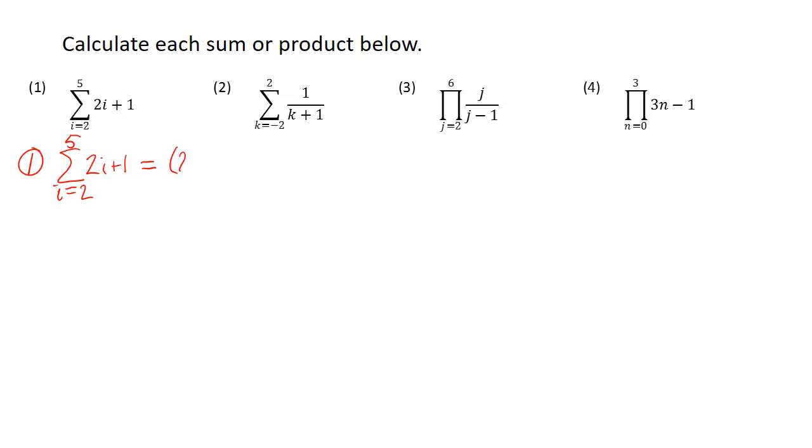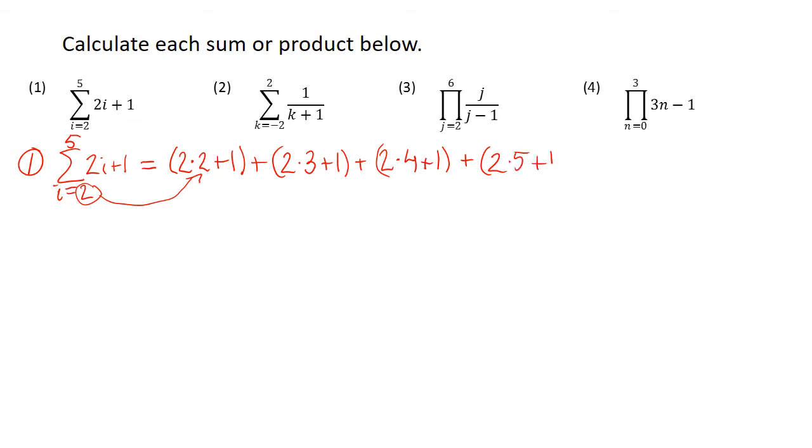So this is just going to be 2 times 2 plus 1. That's the first value, and it goes in the first one. Then you do the next integer, so that'll be 2 times 3 plus 1, and then 2 times 4 plus 1. And then you stop with the value that's on top of the sigma, so 2 times 5 plus 1.